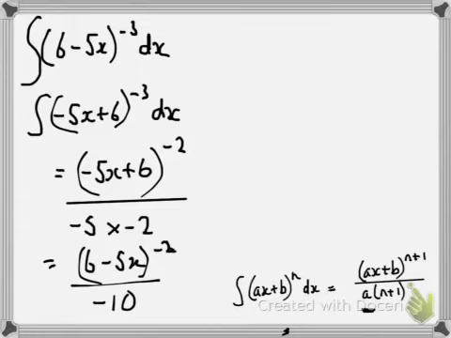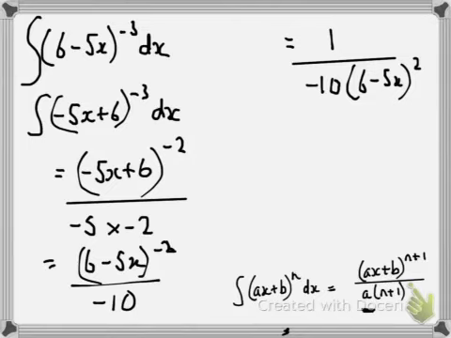Okay, a few things can happen here. To make the negative index positive, we take it to the denominator, so we leave a 1 up the top, and that's over negative 10 outside of (6 minus 5x) squared, because it's changed from negative 2 to positive 2 as it's moved underneath.